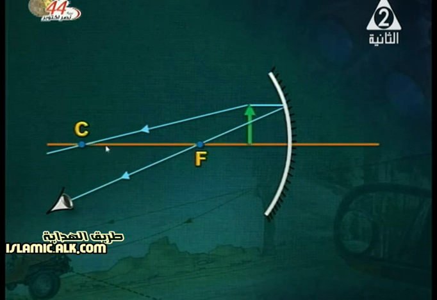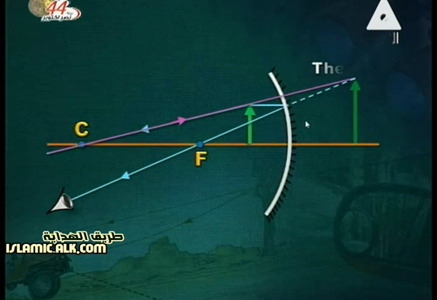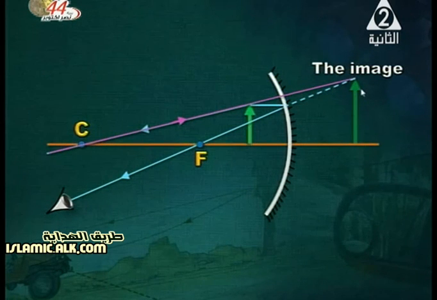The reflected rays don't intersect. We have to take the extensions of the reflected light rays this way. So at the intersection of the extensions, the image is formed.